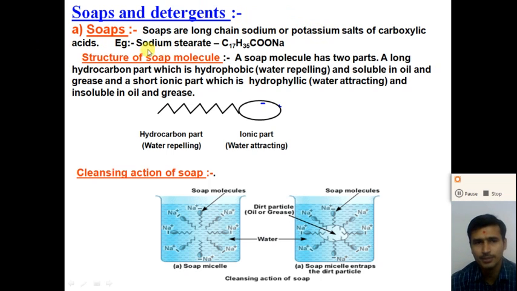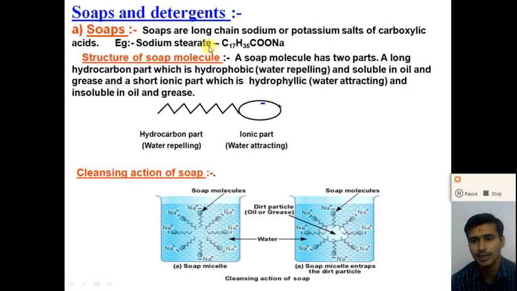So for example, if we consider sodium stearate, right? In sodium stearate, 17 carbons are there, 35 hydrogen atoms, and COONa, that means it is a sodium salt, right? So the name of this C17H35COONa is sodium stearate, right?